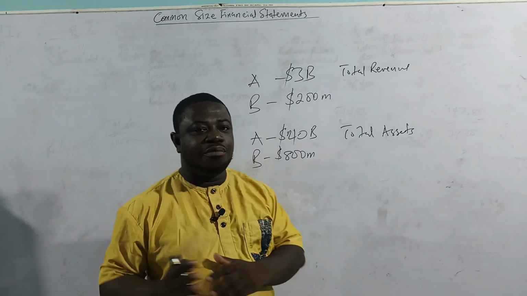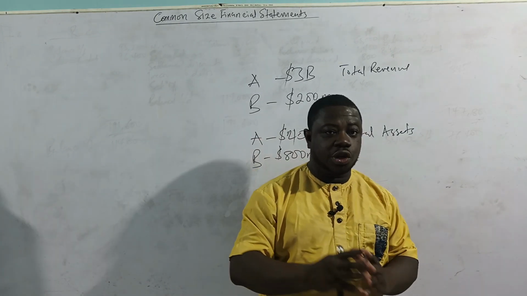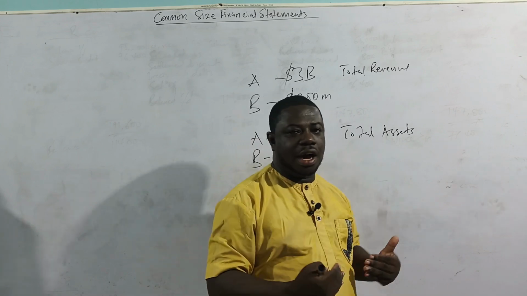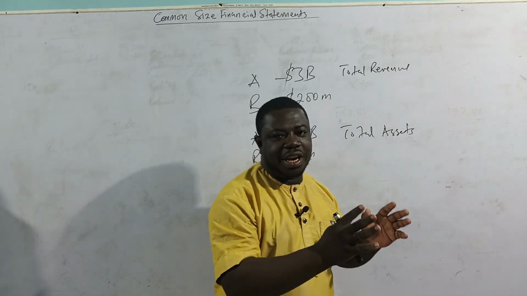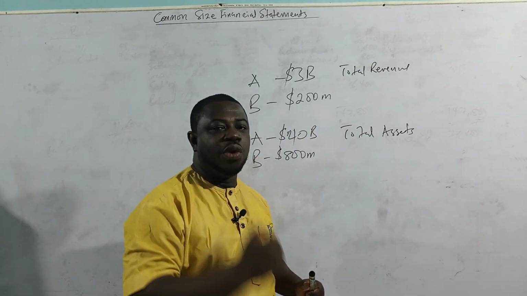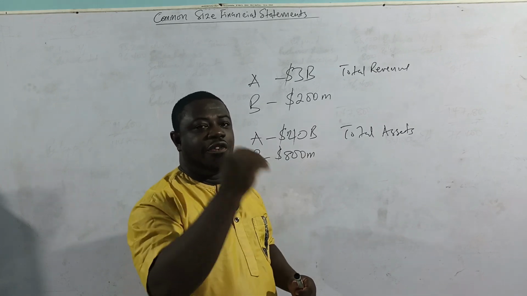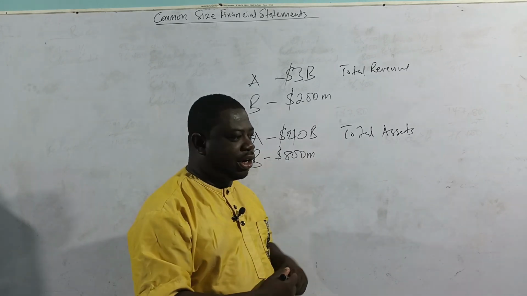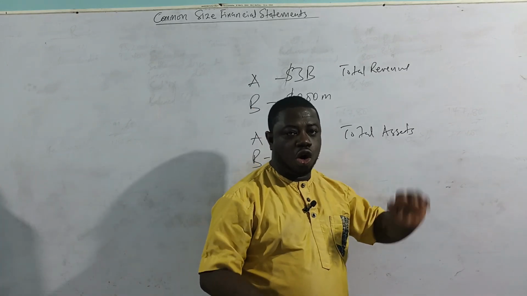In that case, we have moved away from absolute figures onto relative figures. We have now put the financial statement in percentages, which makes it easily comparable, so that we can easily determine which company is doing well or the other.